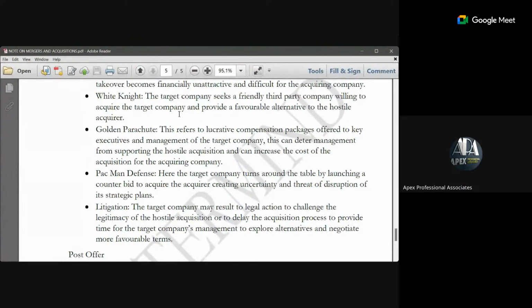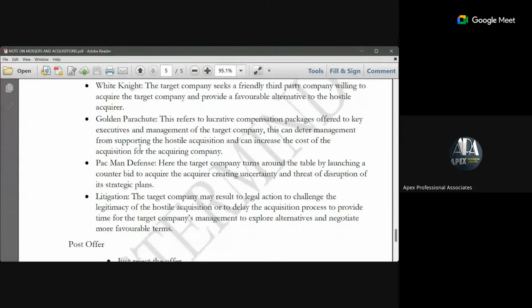Maybe the acquiring company only does 5% in their own current operation. When they see a company that is doing 40%, it looks like the acquisition is going to be costly for them. But this is a strategy that the target company adopts to fight against a hostile bid. That is the golden parachute.